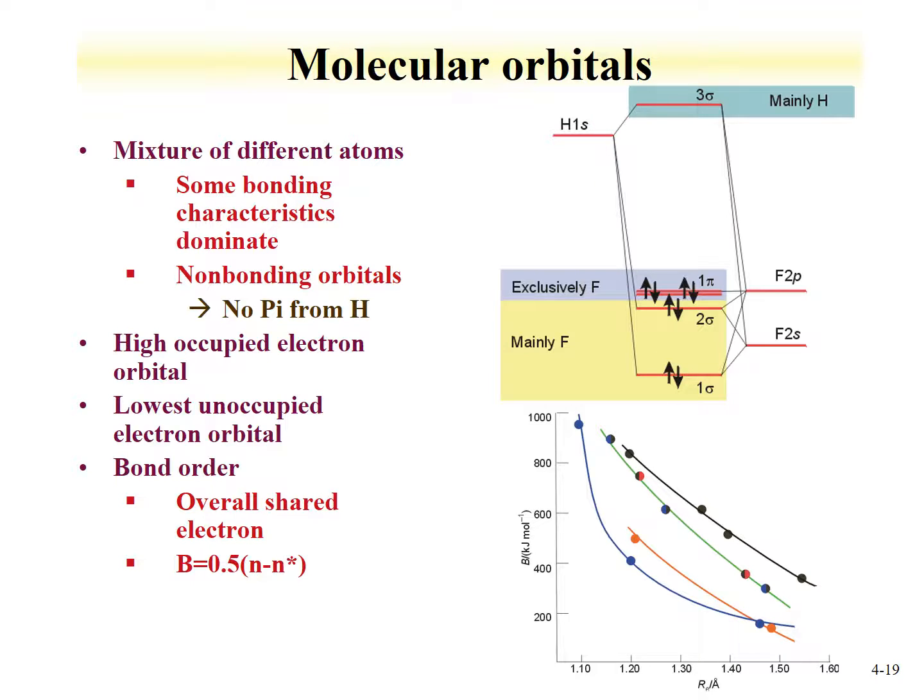The reason we have these non-bonding orbitals is that the hydrogen does not have any pi orbitals that it can contribute to the bonding, so there's no overlap. These non-bonding orbitals are going to have energy characteristics very similar to the p orbitals in fluorine.